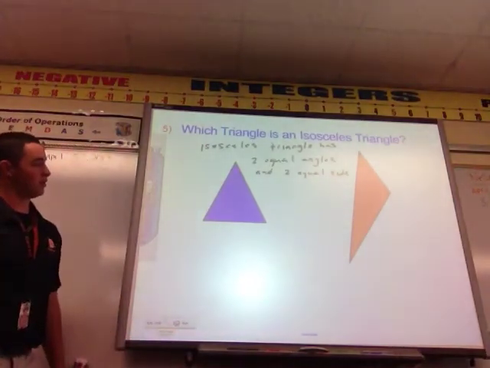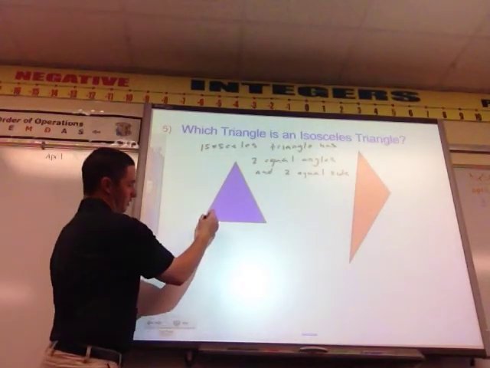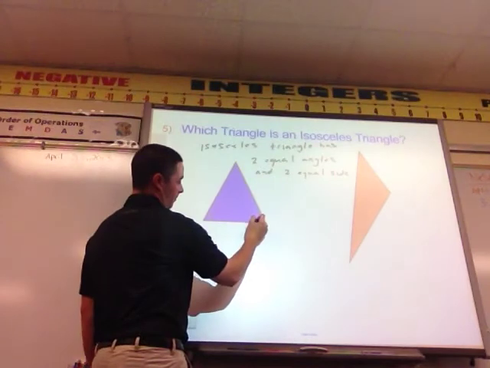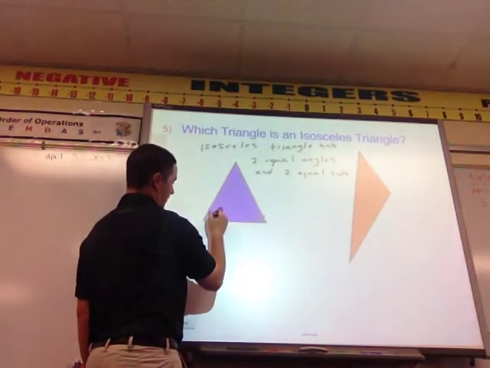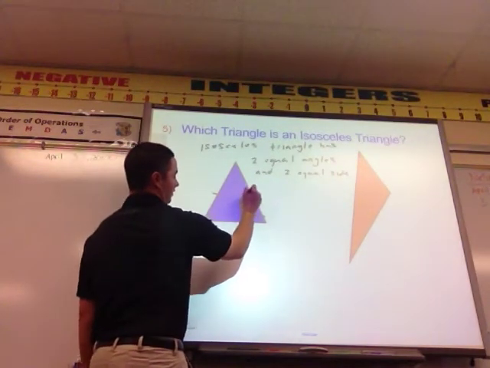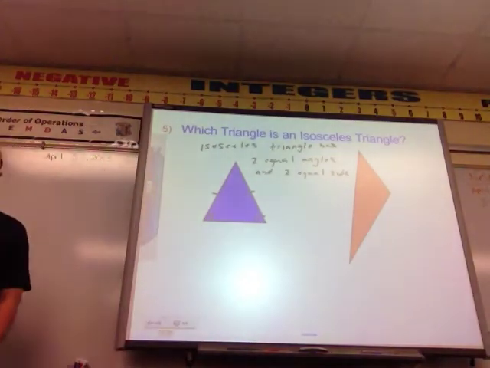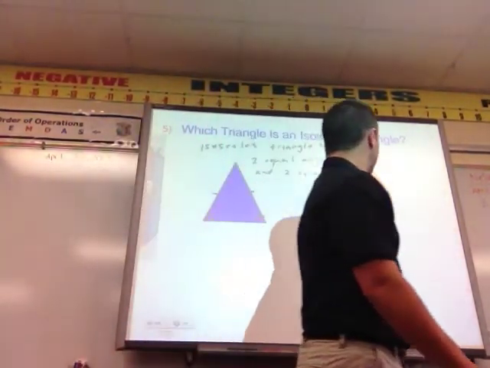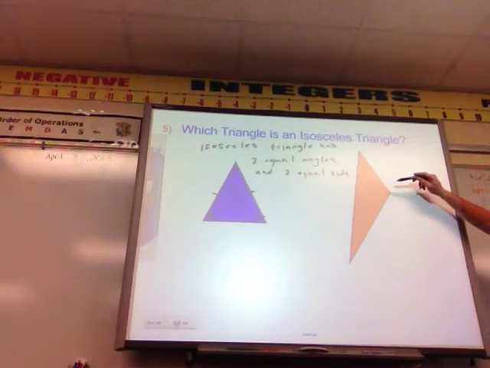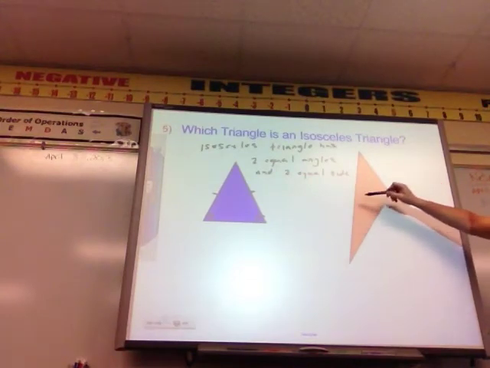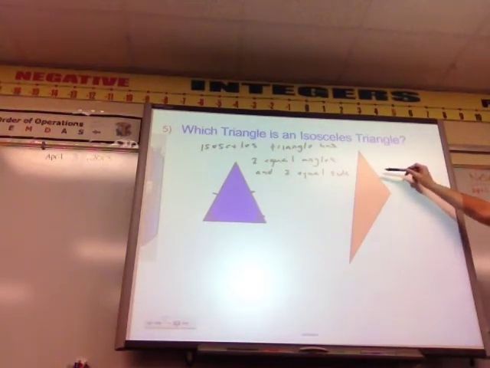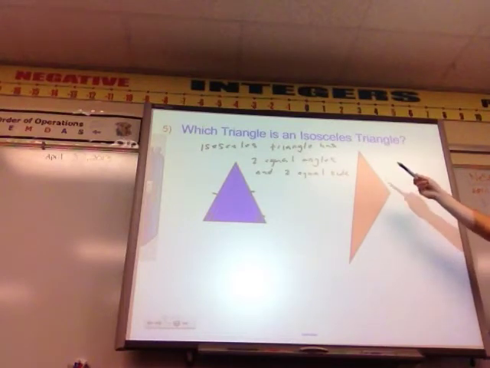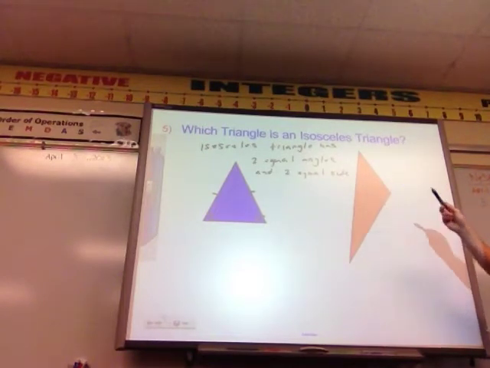So for example, in this isosceles triangle, these two angles are the same, and these two sides are the same. In this triangle over here, this side's the longest, this side's the second longest, and this side's shorter than both those, so we know that they don't have two equal sides, so it can't be an isosceles triangle. That was a good guess.